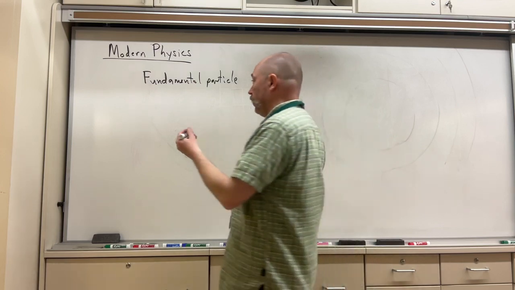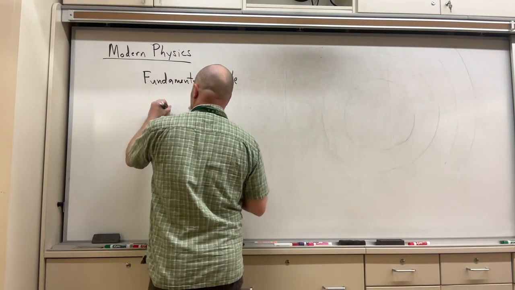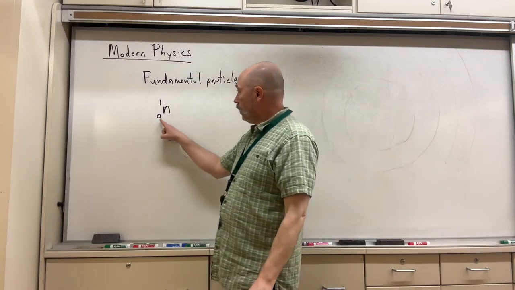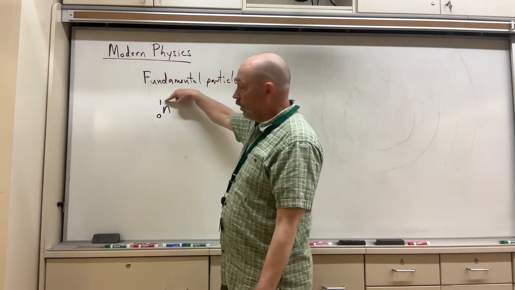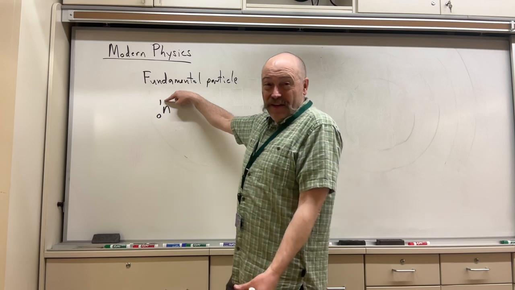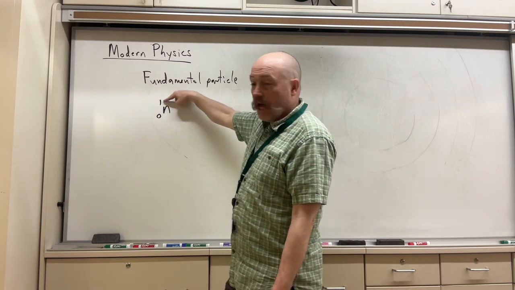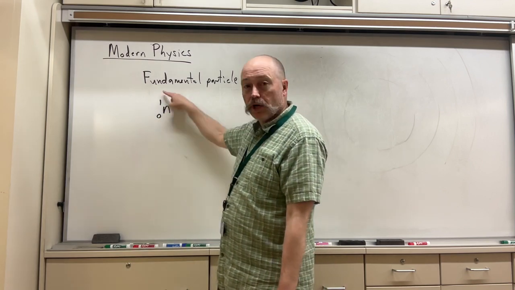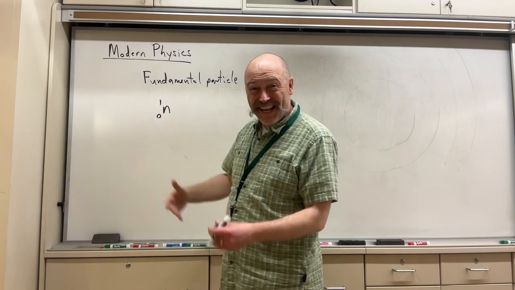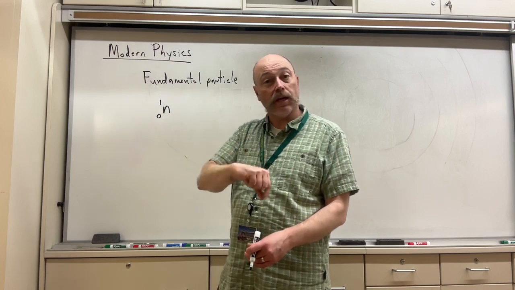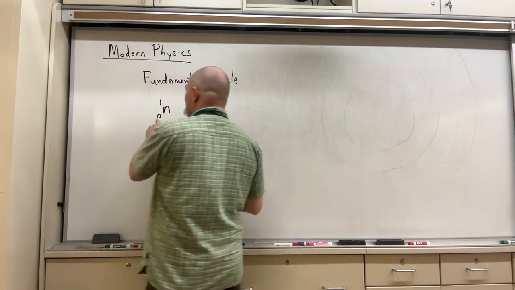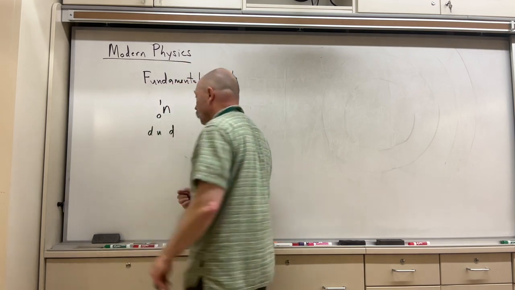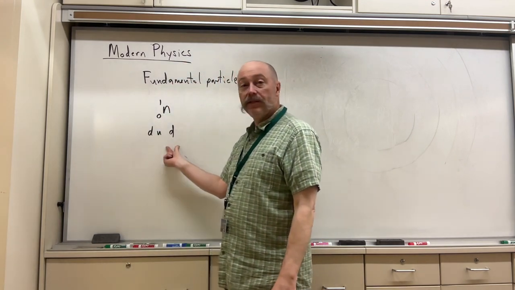So a neutron, we're going to write it like this because it has no charge, and in our elementary mass units, it has 1 mass unit. It is made up of 2 down quarks and an up quark. It's easy to remember because a neutron has no charge. It is a dud. So it's made up of down, up, down.